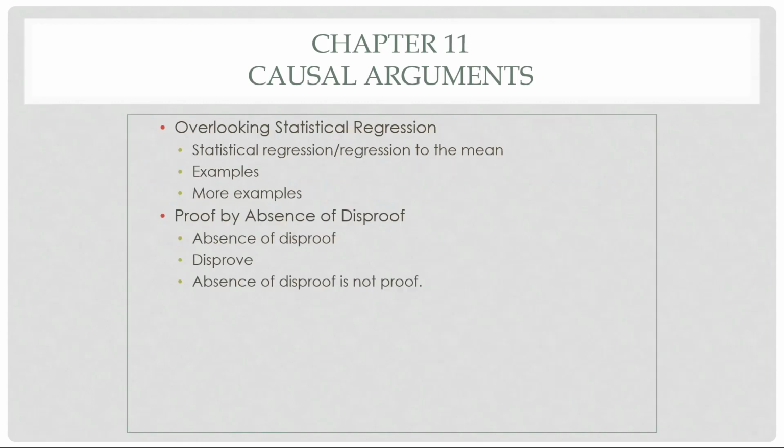Another common mistake in causal reasoning is what's called overlooking statistical regression, sometimes known as regression to the mean. Statistical regression and regression to the mean refer to statistical measurements of mean values in populations, not mean in the sense that they're cruel, but in the sense that, going back to earlier parts of the course, the mean value is again the average value.